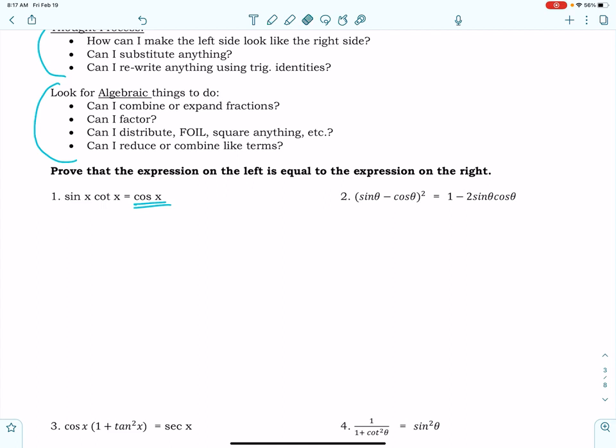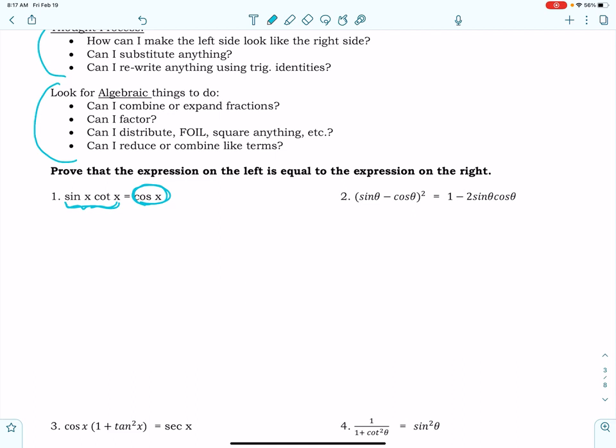So as we explore this, I want to look at number 1. I want to transform what's on the left to what's on the right. So I want to change sine x cotangent x so that it is cosine x.